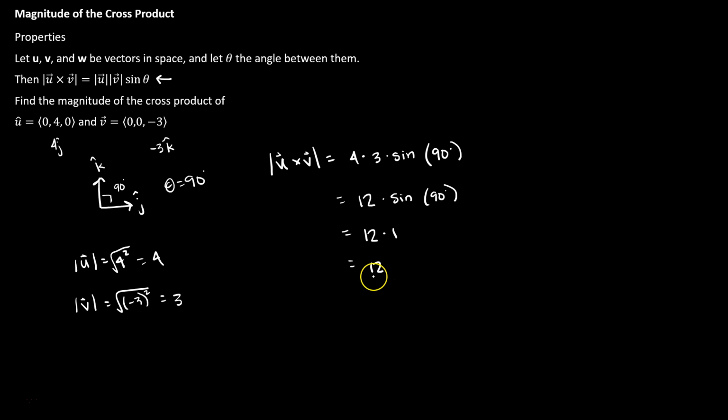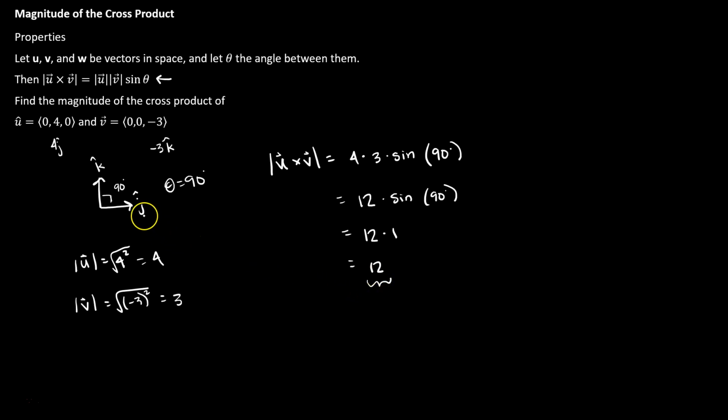So this cross product, the cross product of u and v, creates a vector that's perpendicular to both of them. That vector, we don't know much about it, other than we know that it's 12 units long.